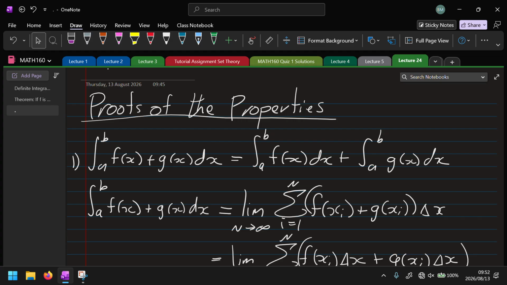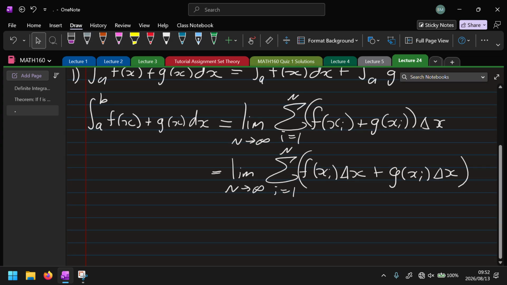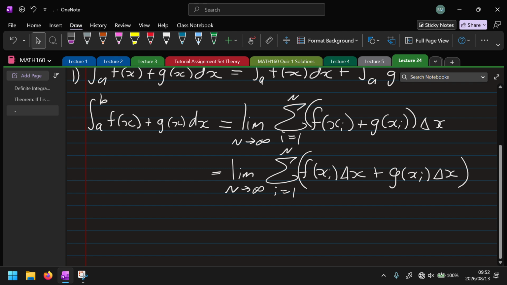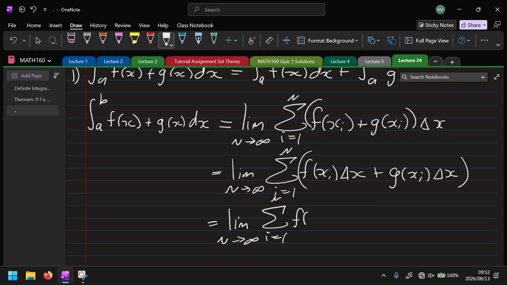They're separate. So we're going to separate this. I hope you see the reasoning for each step going through. So we have the limit as n goes to infinity of the sum from i equals 1 to n of f of xi delta x. Now the brackets go on the outside like this.